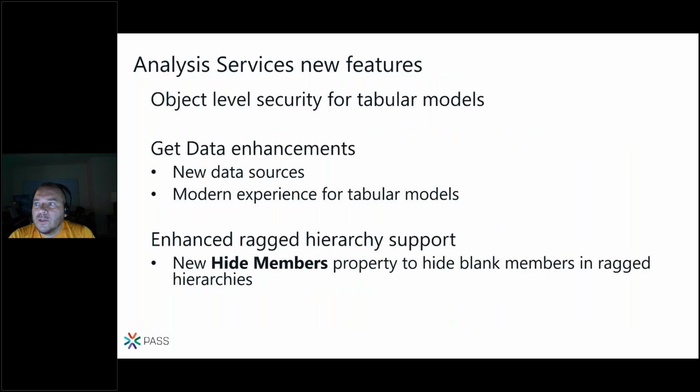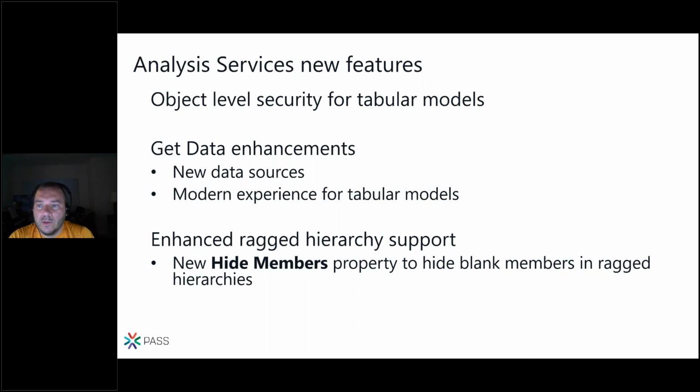Analysis Services has lots of new features. It has object level security for tabular models, some Get Data enhancements, support for new data sources, and a better end user experience for tabular models. And we actually enhanced the ragged hierarchy support with a Hide Members property, so that when you have ragged hierarchies in your dimension, you can hide the blank members from that.